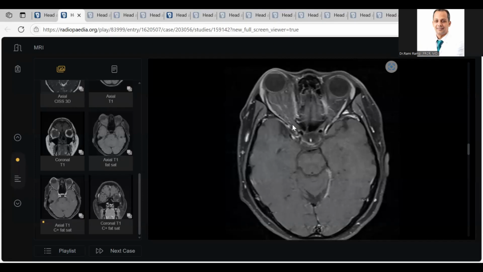My first differential will be lymphangioma. Second, I was thinking about hemangioma, but in hemangioma we should see early enhancement and then fill-in on dynamic studies, and there's no such enhancement in this case.